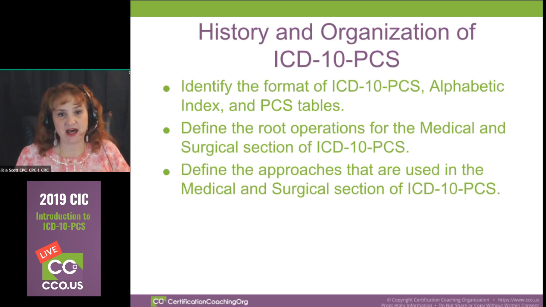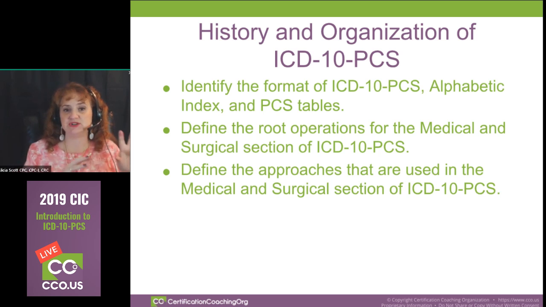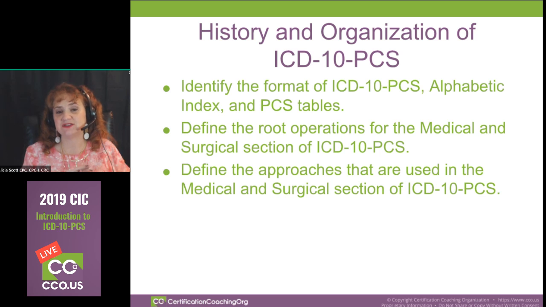PCS is, again, not like CPT or ICD-10 or HCPCS. Even the alphabetic index is different. It's kind of divided up into two sections. And then you have, instead of a tabular, the rest of the manual that would be like the tabular is actually PCS tables.